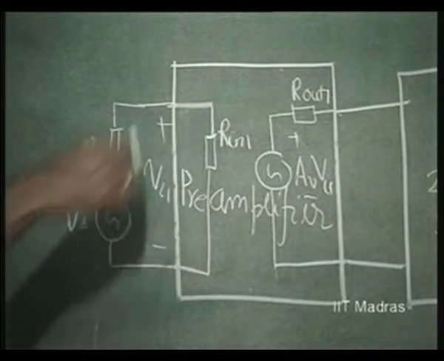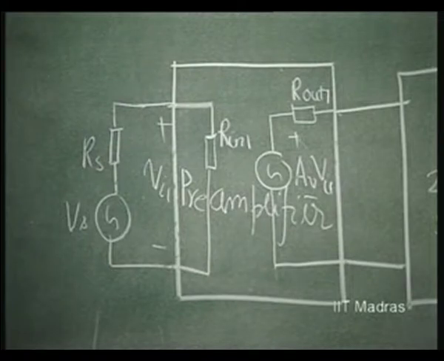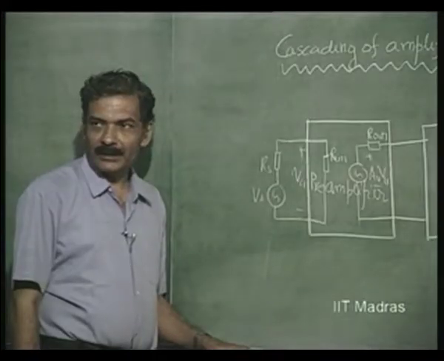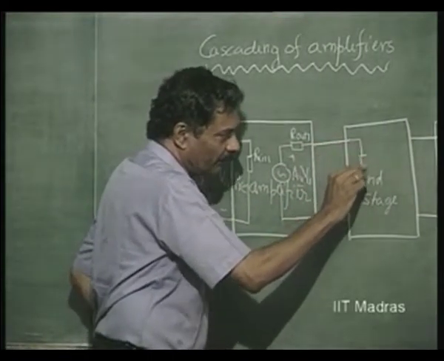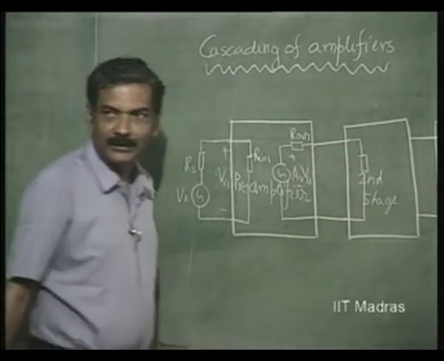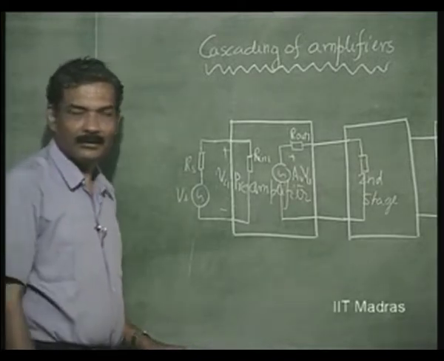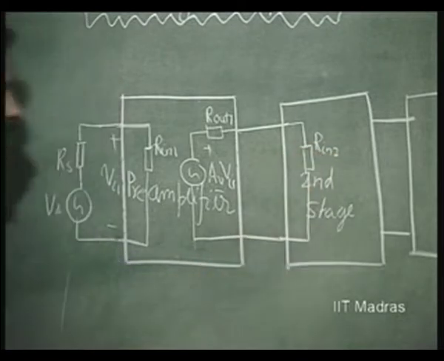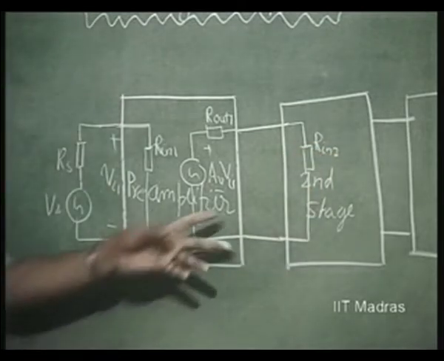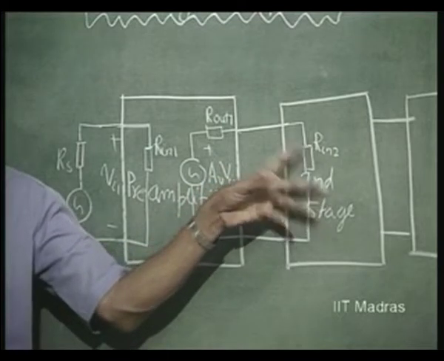Output impedance was, I think, 12K, and that was shunted by 60K, which was considered as the load. Now, for this the load is going to be the input impedance of the next stage, R in 2. So, this is important. Input impedance of the next stage is going to be the load for this.